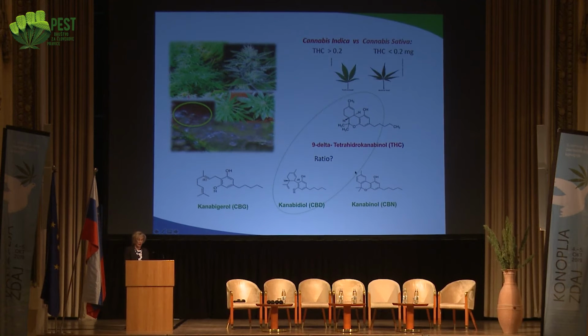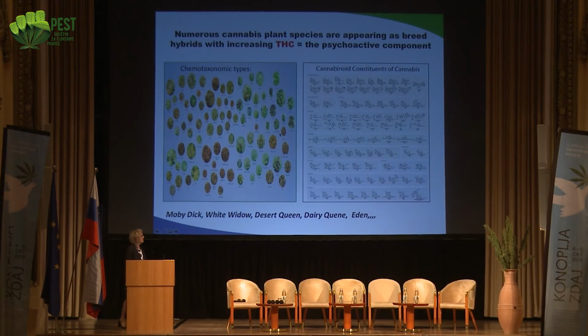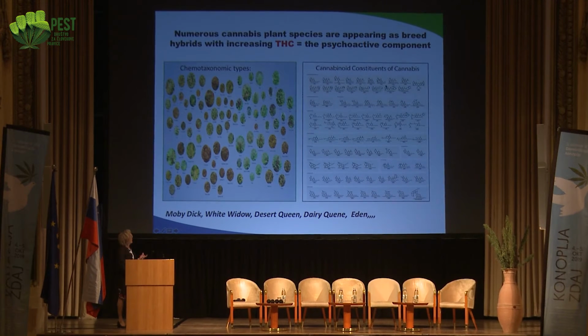However, he also pointed out that nowadays you can have on the market very, very different kinds of strains. Why? Because the breeders plant different species, different hybrids, to increase THC because of market demands, of course, psychoactive effects.